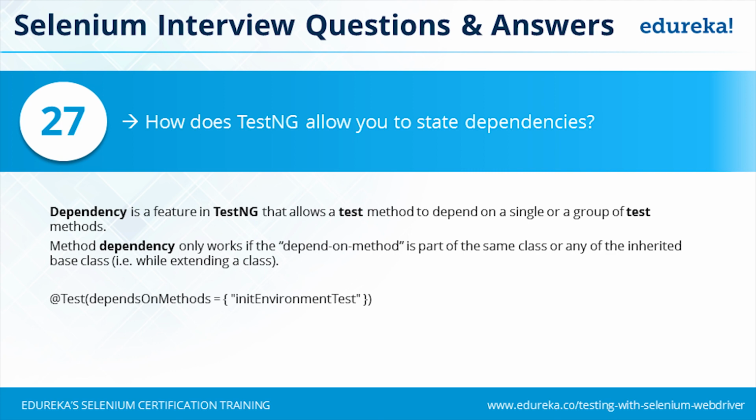So how is the dependency stated? It is stated as an attribute or parameter with the @Test annotation. So @Test(dependsOnMethods = "initEnvironmentTest"), for instance. I can not only provide one test method over here, but I can provide multiple test methods. Please make a note that initEnvironmentTest is the name of the test method on which it is depending.